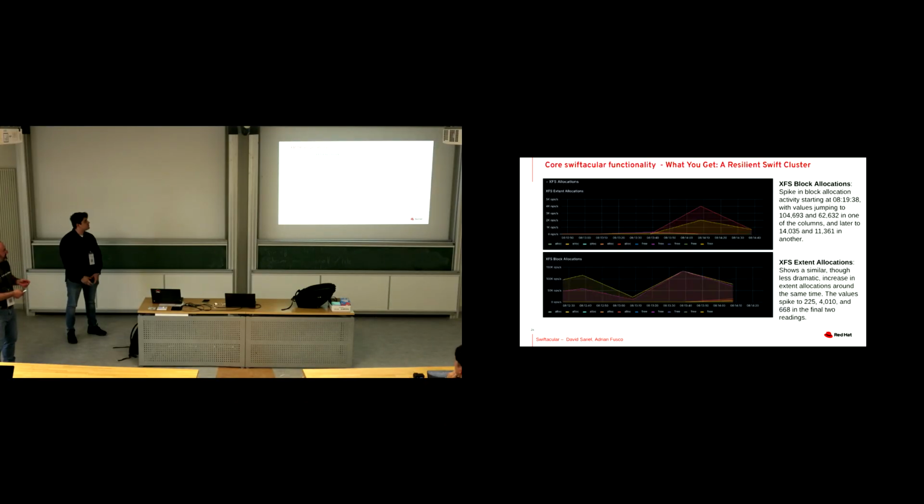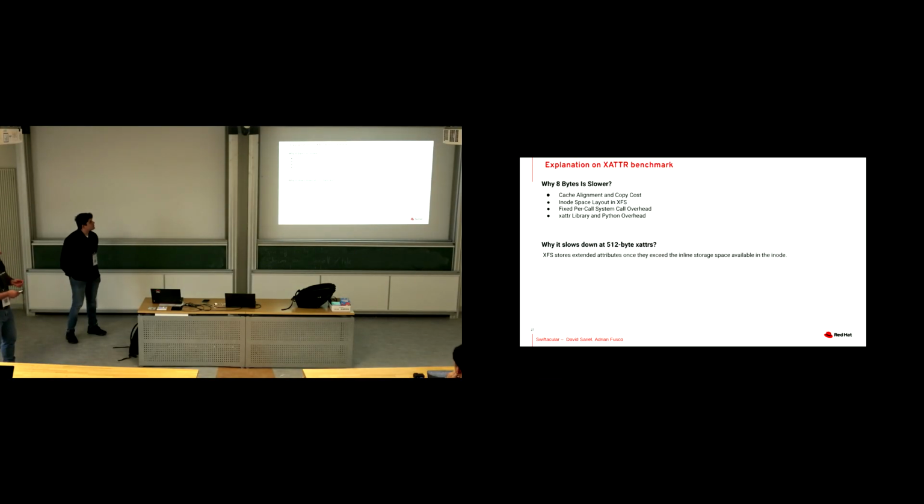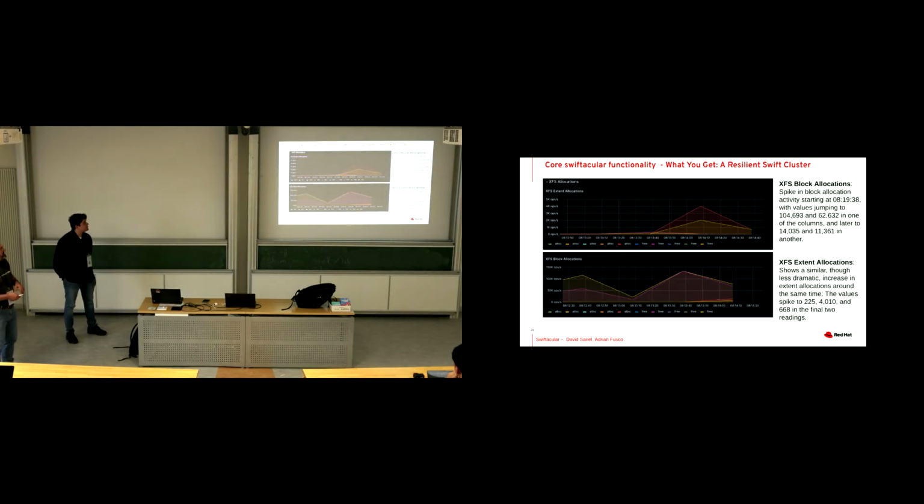I don't know if we have enough time and if the auditorium will be free, but we can talk about why this happens. It's just hints why it happens. And by the way, Swiftacular is great because we observed it on the Swiftacular Grafana page. That's why we enjoyed having those dashboards.